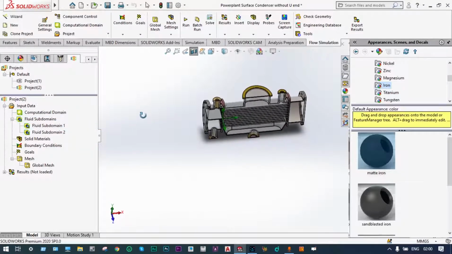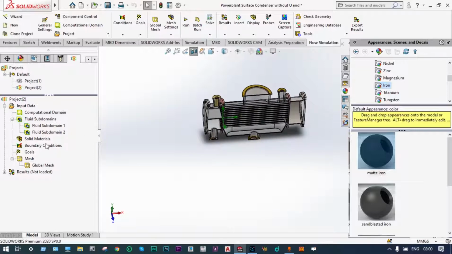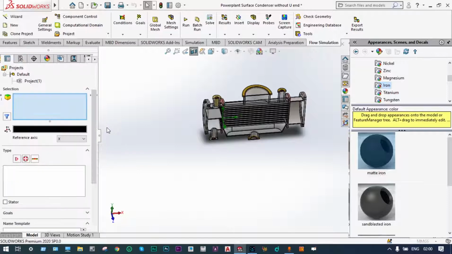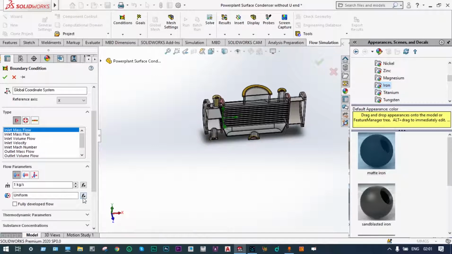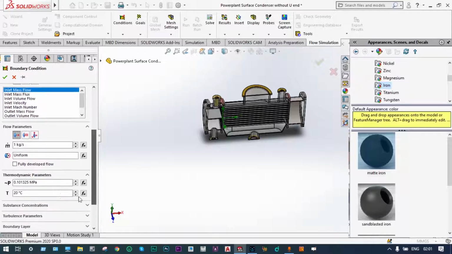Fluid subdomains have been defined properly. Next one, we have to apply some boundary conditions. So insert boundary condition, and we have to apply steam at a rate of 1 kg per second, and temperature we can see from here. Thermodynamic parameters, it will be 100 degrees centigrade. Steam at 100 degrees centigrade we are supplying.